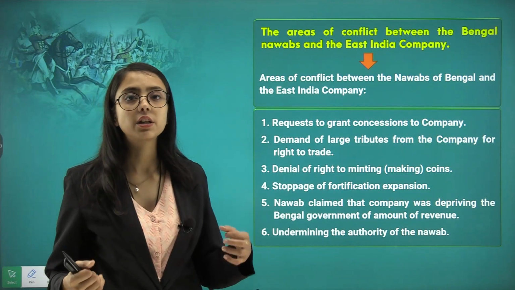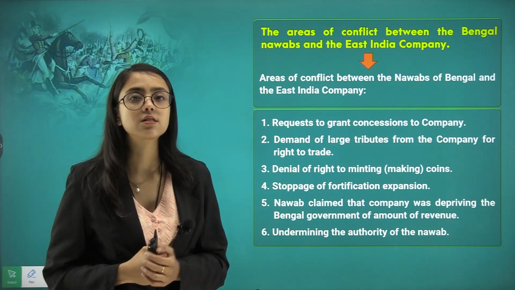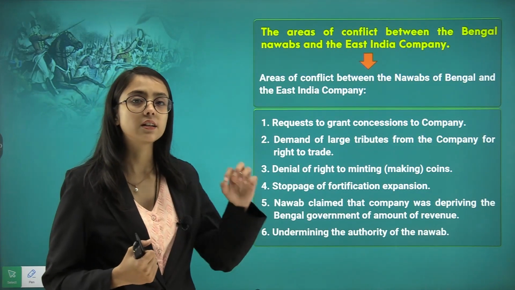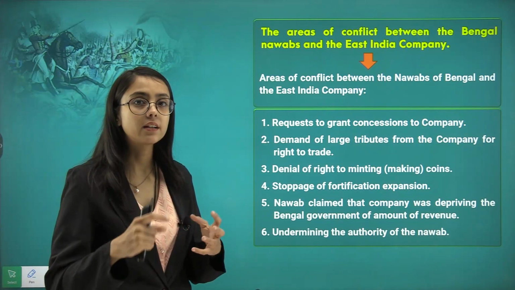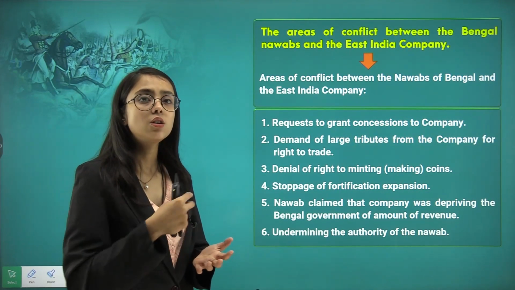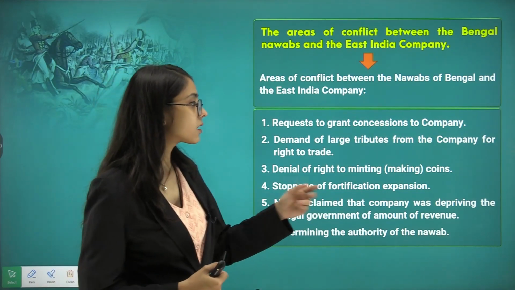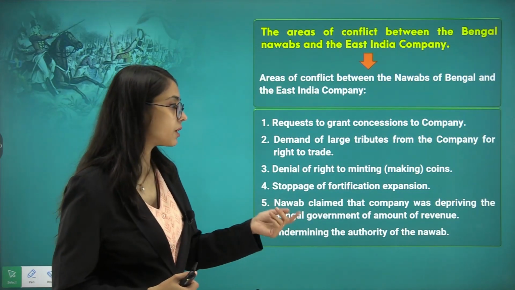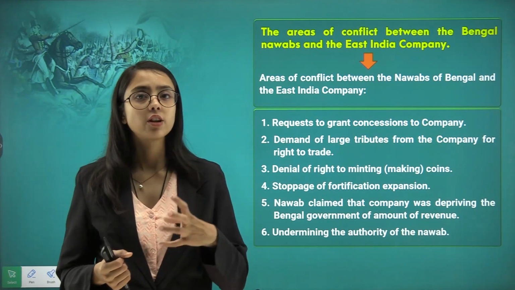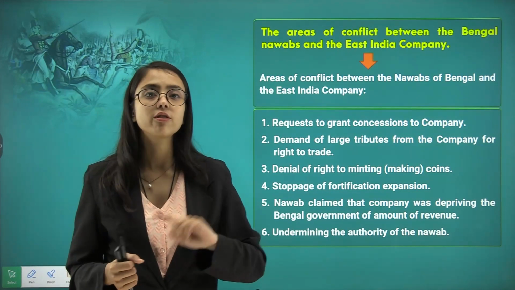The East India Company wanted to build forts and do fortification around the factories in order to protect their commodities. But this was denied and stopped, because that meant power was being given to the East India Company rather than to the local rulers. The Nawabs claimed that the company was depriving the Bengal government of revenue, which was not being given in terms of fair trade.